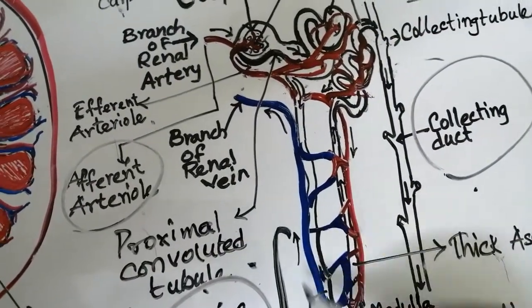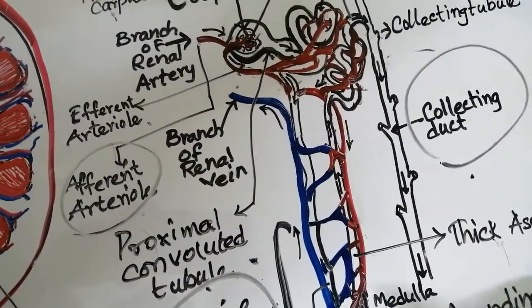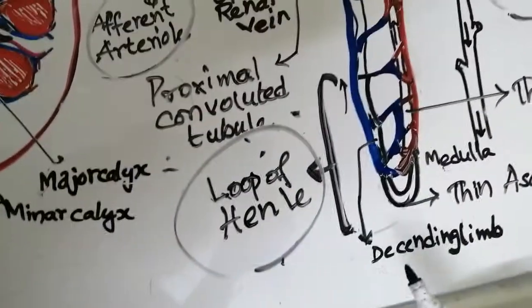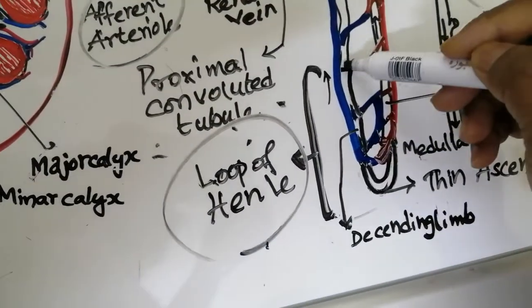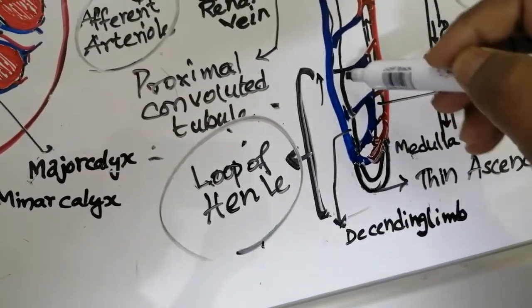Come to the second part, the loop of Henle. It is U-shaped, students.